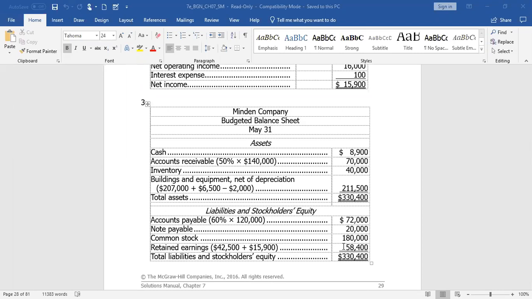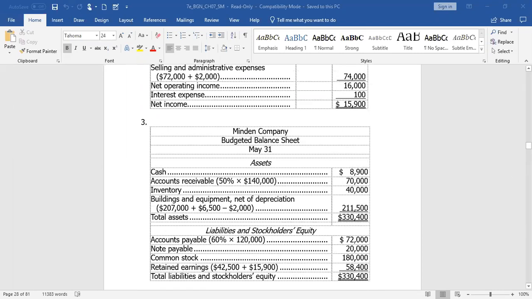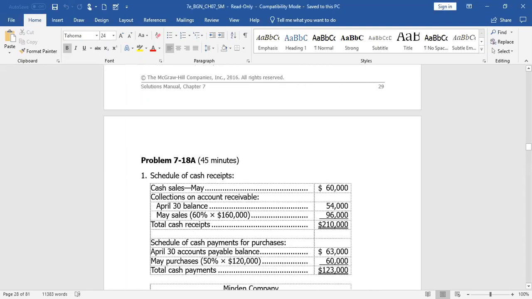Then they go on to give us more information about their gross margin, actual and budget sales data, etc. What we are going to do in this problem is complete schedules for various months, not just one month. So let's take a look.